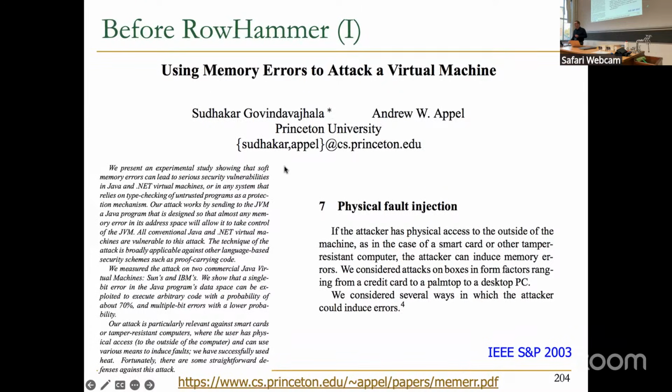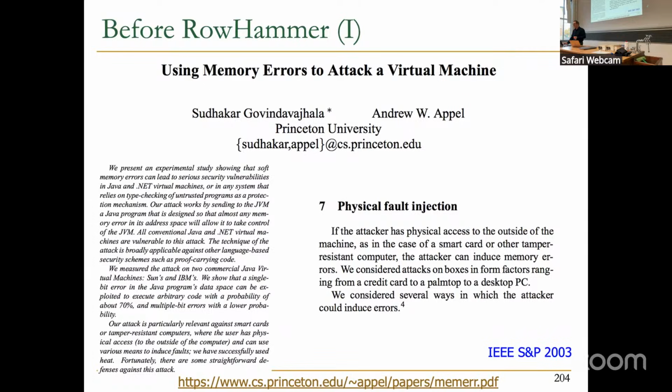And if you induce these bit flips, you can take over the Java virtual machine. Basically, the sandboxes that the Java virtual machine provides to different processes, you can basically get out of your virtual machine. Because programs in Java are supposed to run on a virtual machine so that they don't destroy the other part of the environment. And they become portable that way, but you can actually take over that.